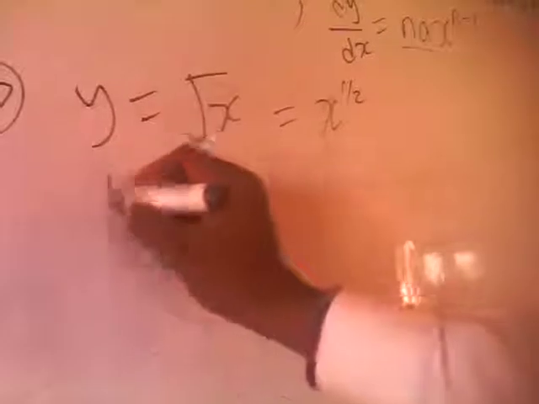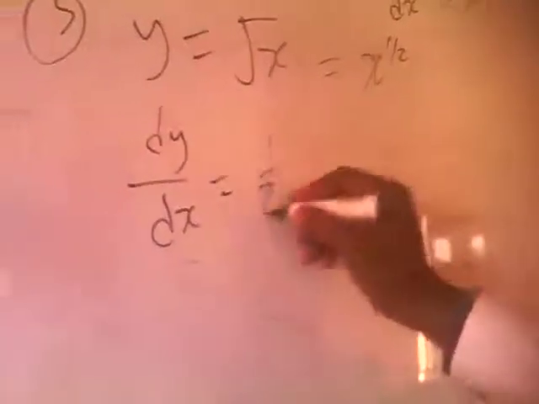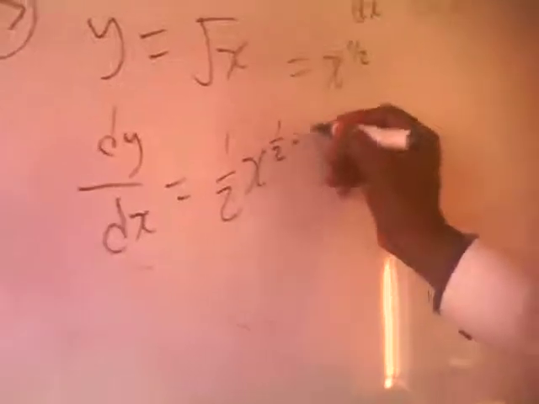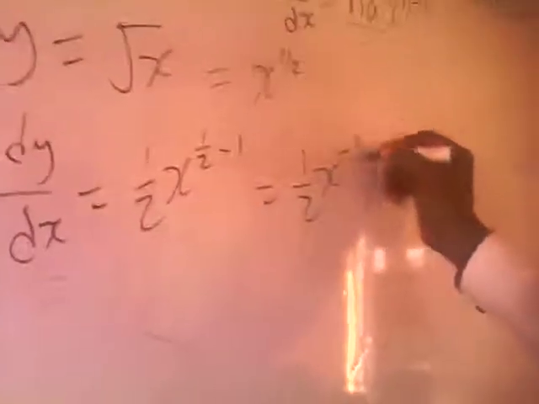So we can now get the derivative of the function as 1 over 2 x raised to power 1 over 2 minus 1. And that gives us half of x raised to power minus half. And then that becomes 1 over 2 times 1 over x raised to power half. Then finally we have 1 over 2 root x.